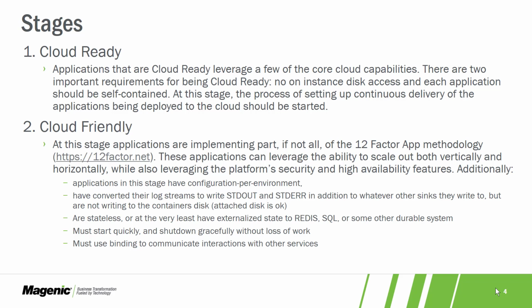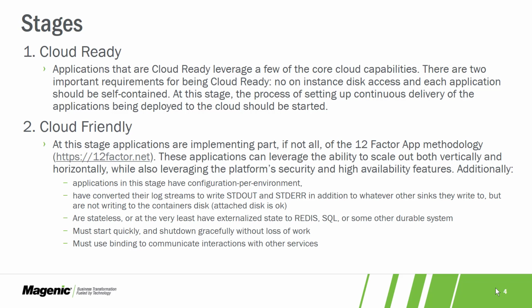So when Magenic talks about the different stages of maturity of a system as it pertains to moving it to the cloud, we talk about 4 levels. Cloud ready means that you've done some amount of modernization or refactoring to take away some of the more grievous barriers to moving your app to the cloud.